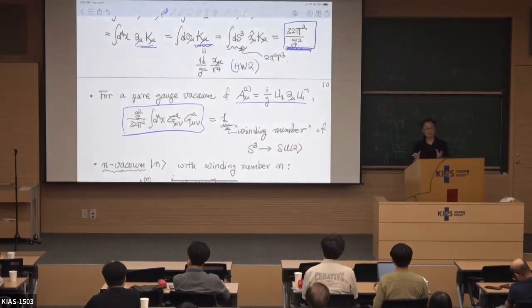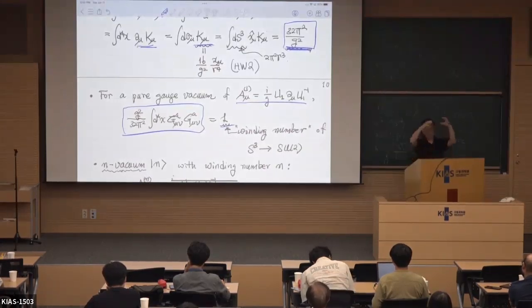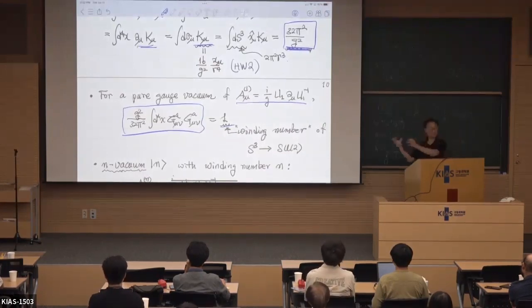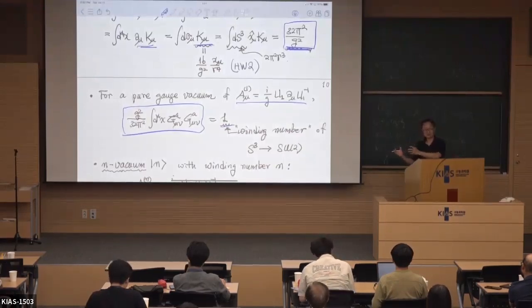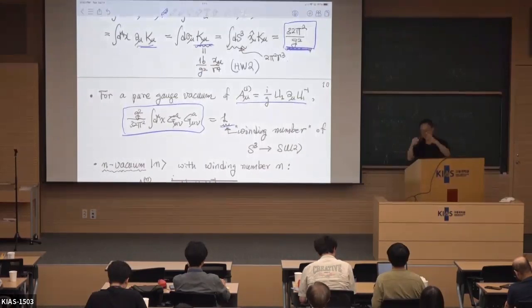This is called the winding number of the gauge configuration, a fancy mathematical term. Our boundary is S3, and SU(2) is isomorphic to S3. So it's a mapping of S3 to S3, and depending on how many times you wrap it, we have a winding number like this.